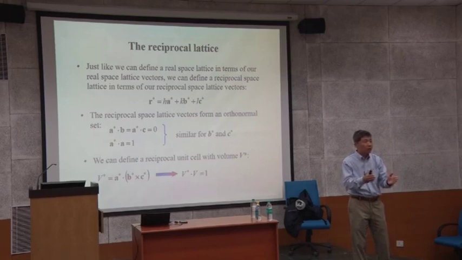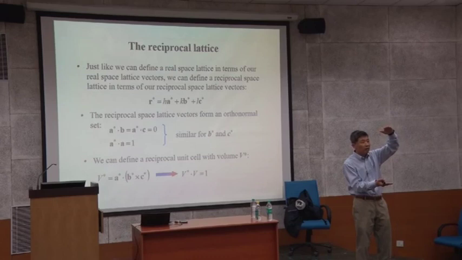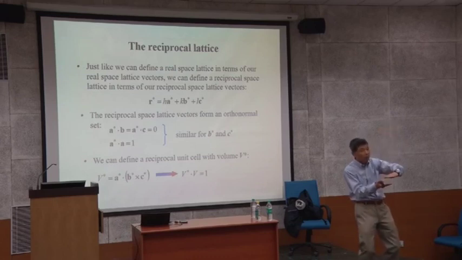Remember that? The unit is 1/4 angstrom, so 0.25 reciprocal angstrom. But this direction is 8 angstrom, which means you have 1/8, 0.125, which is that small.